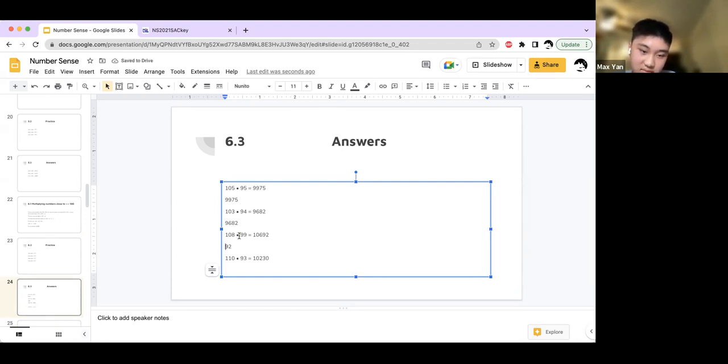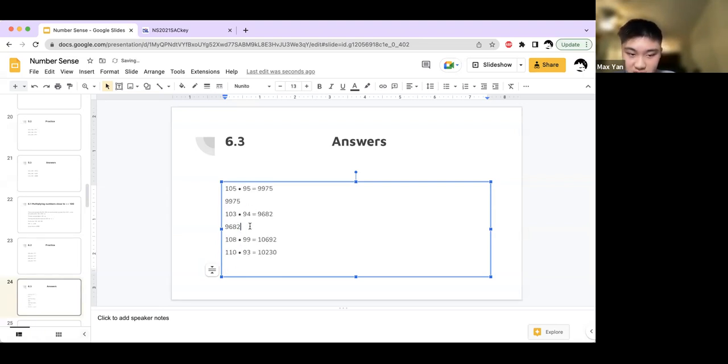And then we have 108 minus 1 minus 1, 106. And last up for this one, we have 10 times 7, 70. We have a 30. 110 minus 7 minus 1, 102.